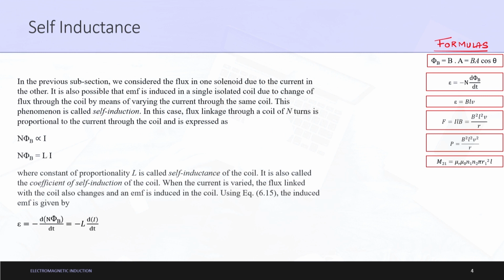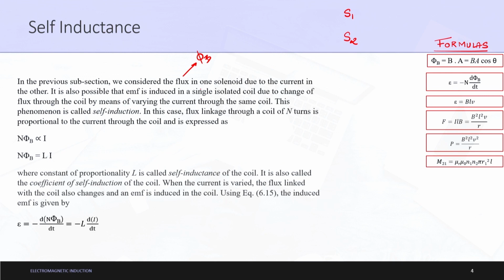So, please focus here again for the self inductance part. In the previous subsection on mutual inductance, we considered the flux in one solenoid, depicted by S1 and S2. What is flux here? Flux depicts magnetic flux, which we denote by phi b.